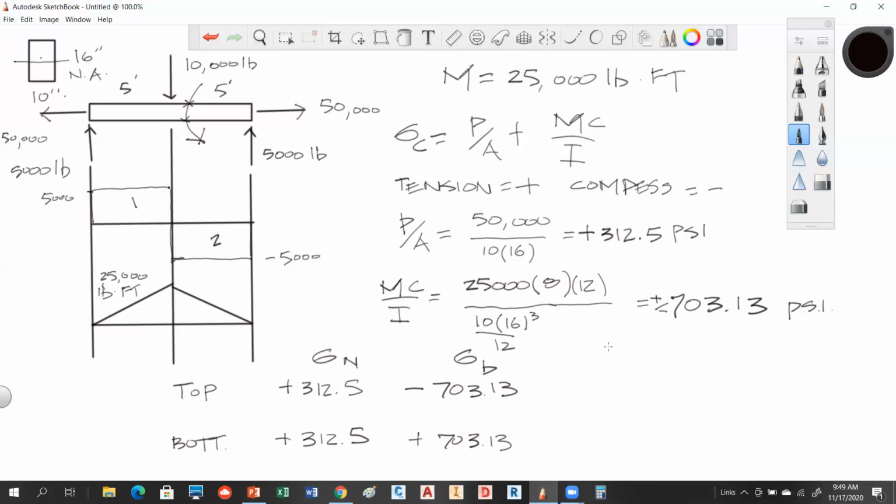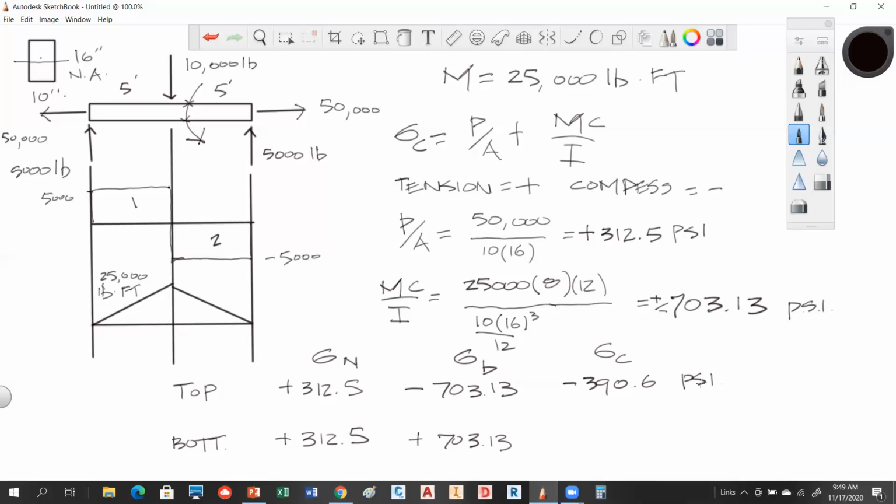So our combined stress is just adding those guys together algebraically. So what we have is 312.5 minus 703.13. So I get a negative 390.6. That doesn't mean you have negative stress. It just means you have compressive stress.